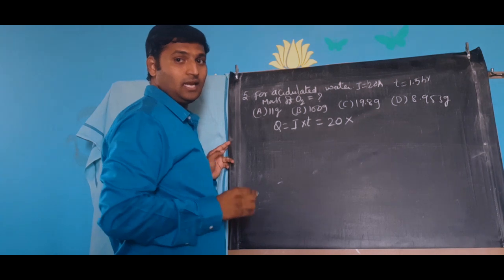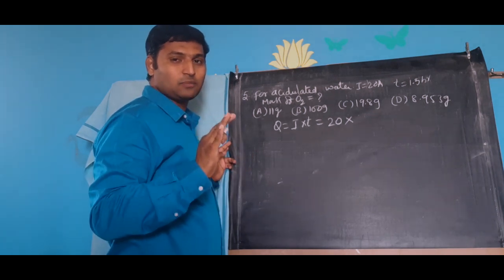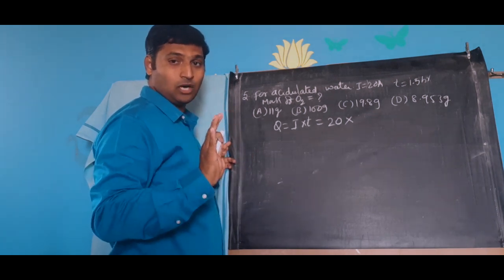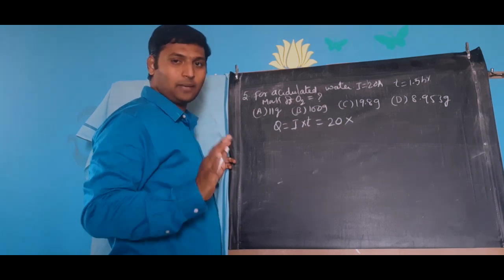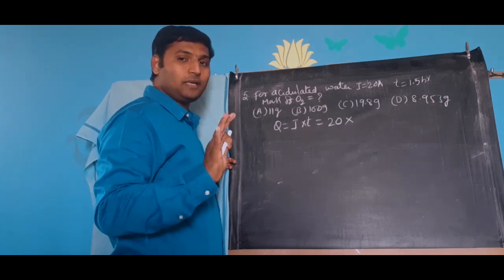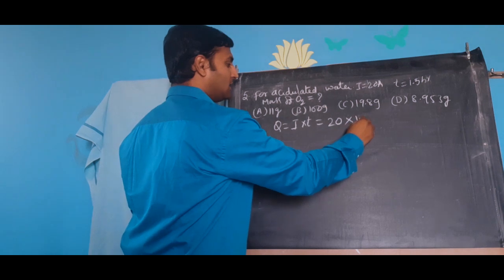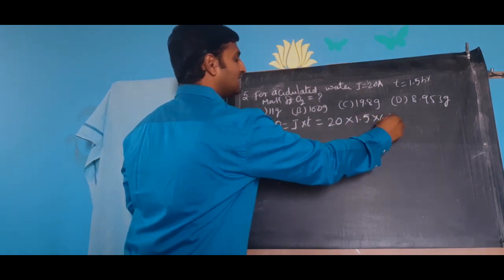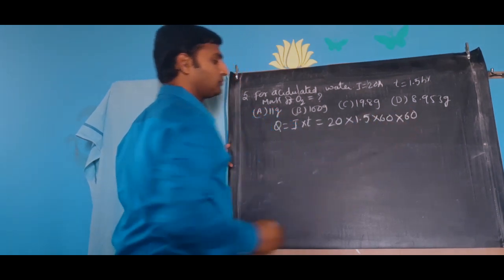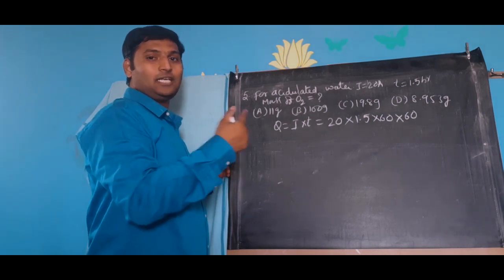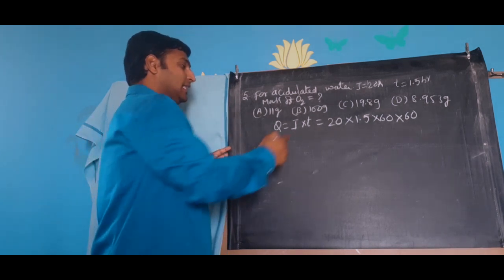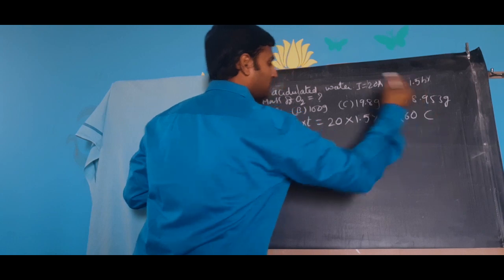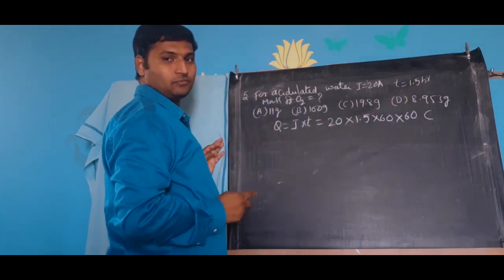Time should always be taken in seconds because the second is the SI unit of time. Here it is given in hours, so 1.5 into 60 into 60. These many coulombs of charge we have.